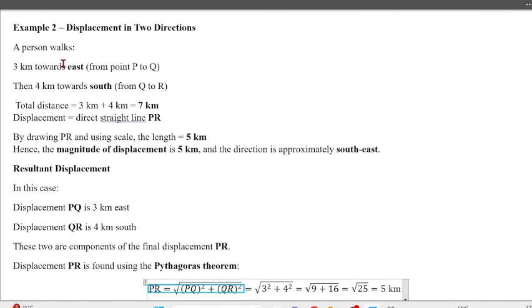PR equals square root of (PQ) squared plus (QR) squared, which equals square root of 3 squared plus 4 squared, equals square root of 9 plus 16, equals square root of 25, equals 5 kilometers.